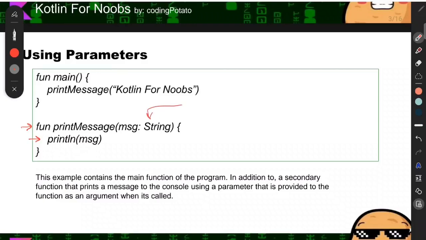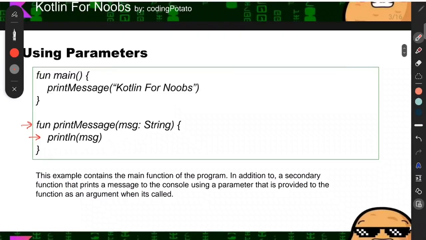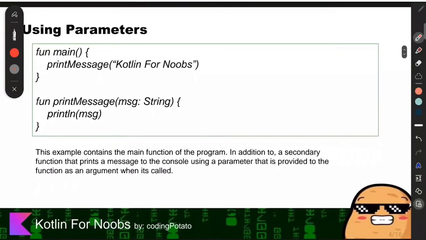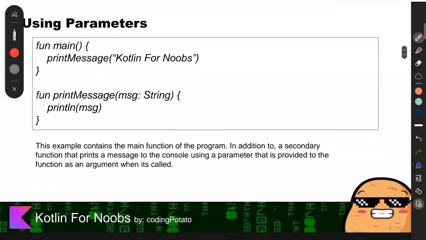The parameter is received as an argument for the function, which means that this value stored in this variable will be sent here or used here. And how you define the type is as follows. So this right here is a string type, and you have to specify the type that is being received for the value.